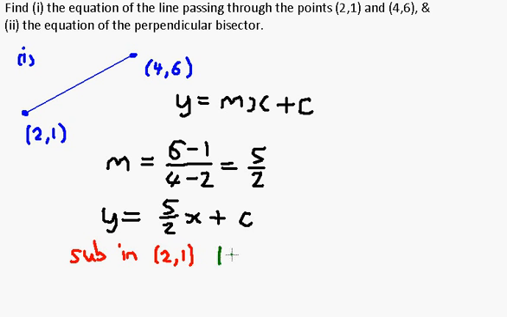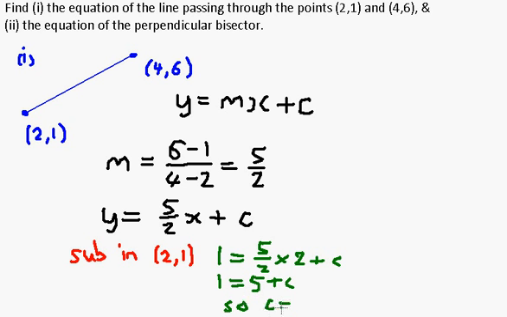So y is 1. We have 5 halves times x, which is 2, plus c. So 5 halves times 2 is 5. So 1 is equal to 5 plus c.